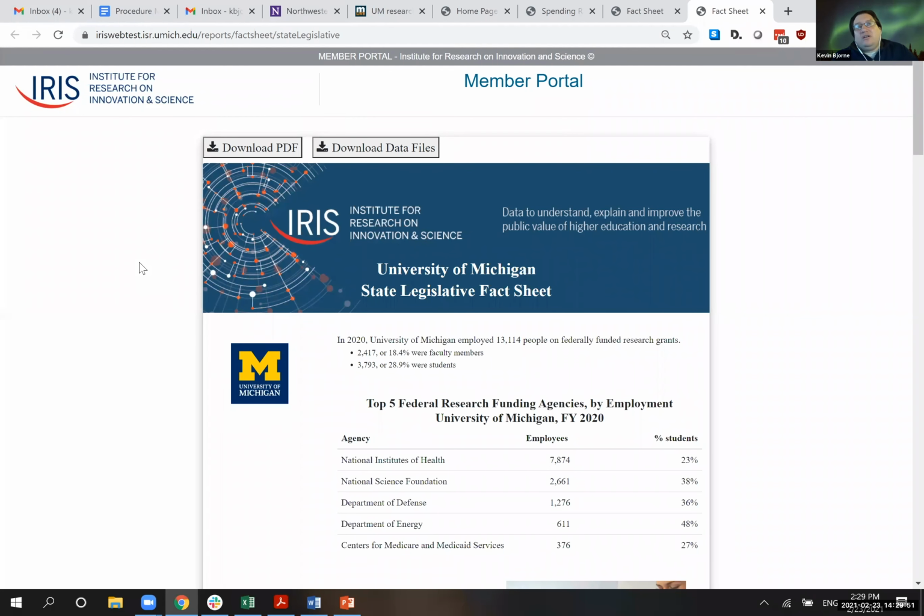Now, for non-members, we do produce a variety of aggregate reports that we do put out on our public-facing webpage. And then we also produce different things for different uses. So on a fairly regular basis, we produce aggregate reports that we then use for op-eds and different governmental purposes.